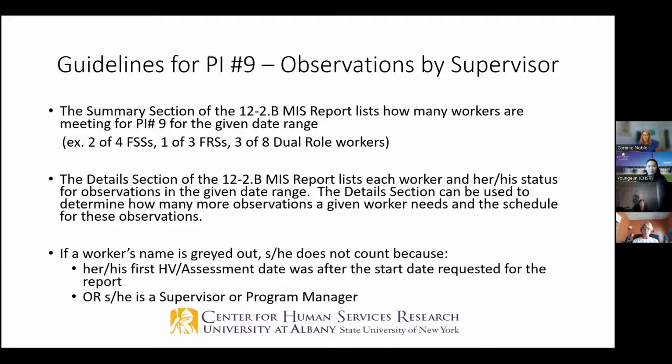So in the summary, it will list, if you have someone who is exclusively an FRS who has not performed any home visits during the reporting period, they're going to show up as an FRS.